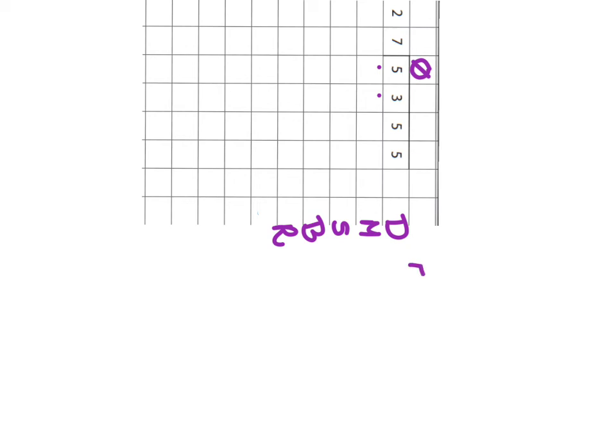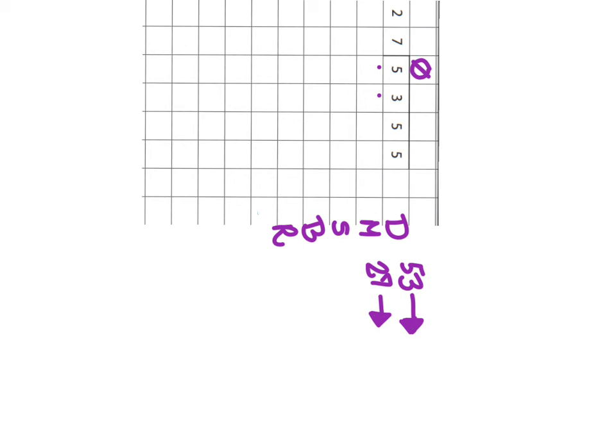All right, can 53 be divided into 27 groups? The answer is yes. 53 is larger than 27, so it can be divided into 27 groups. I just need to know how many times. I'm going to use estimation to help me decide that. I'm going to round both of these numbers to multiples of 10 to make them easier to work with, to figure out where to start.